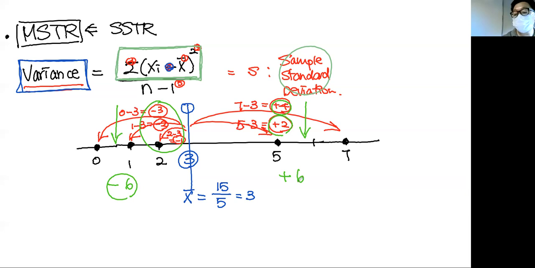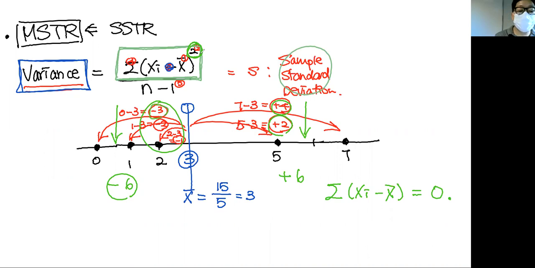So if I simply take the summation of the differences without square, it must always be 0, always. That is the reason why we need a square.